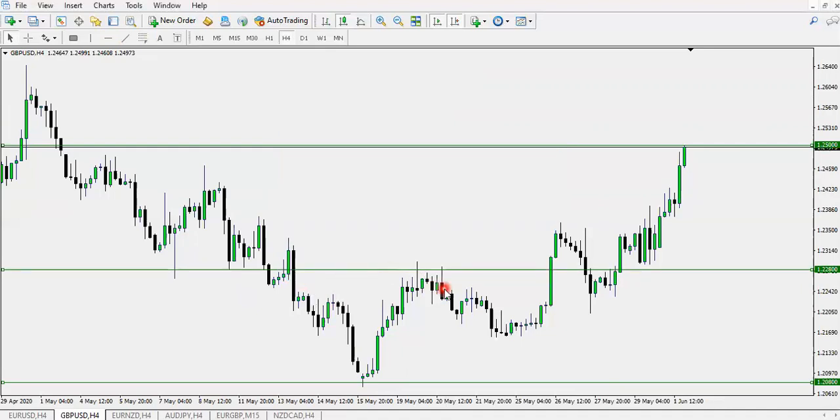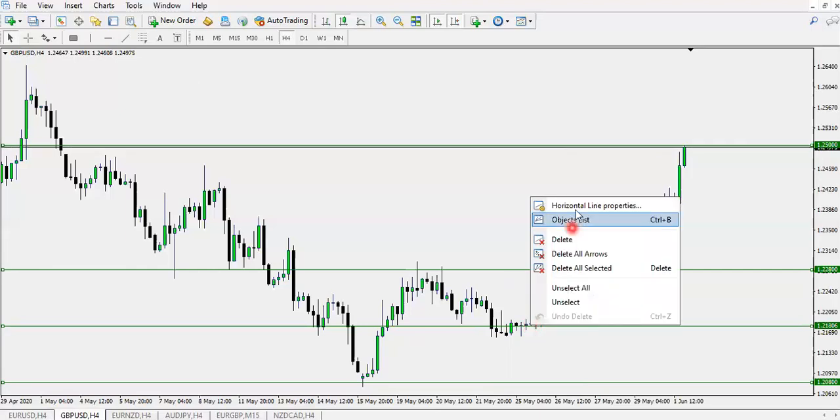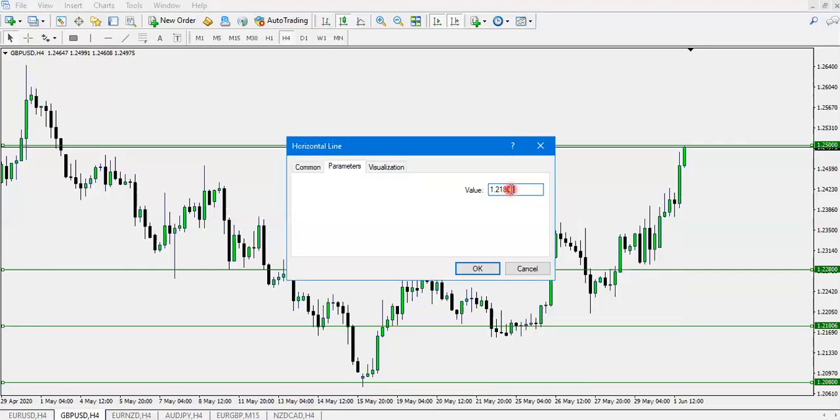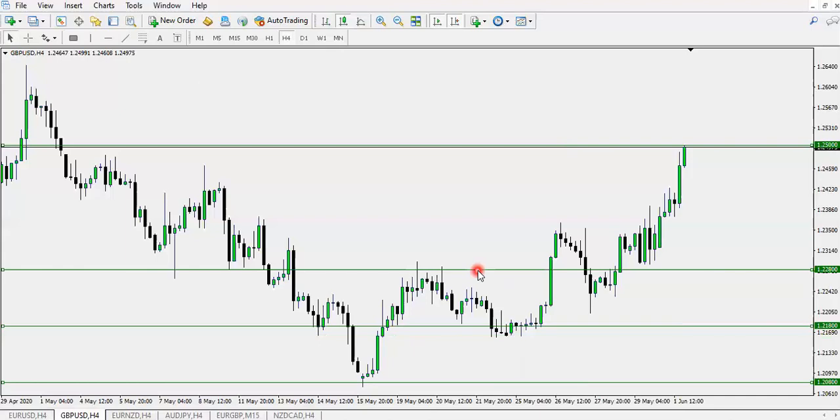And you can see price then rally down into this level, which we could say is our 800 level. Price then rallied up. Where did it rally to?